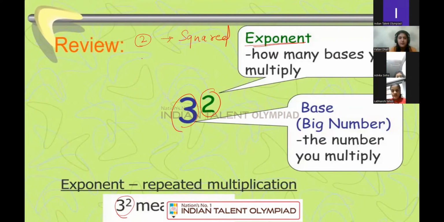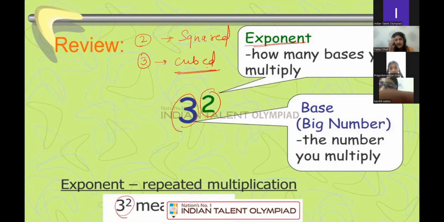Square. And when the power is 3, then it is cube. When the exponent is 3, we say cube, and when the exponent is 2, we say squared. Are we good here? Yes, ma'am.